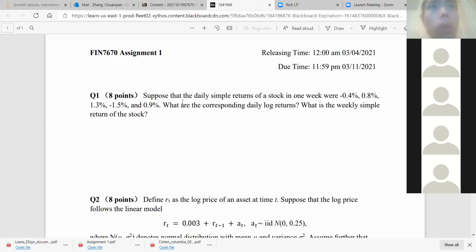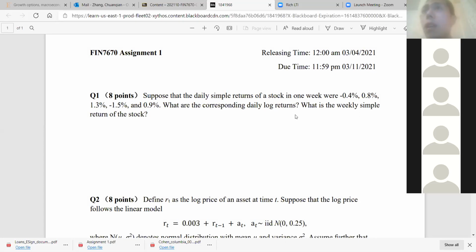The first question will talk about how to calculate the simple returns and the log returns. You just simply use the example in your first class slides. The first class is a review, so I think the second class, the introduction of financial time series data, has a couple of good examples of how to calculate simple returns and the log return.